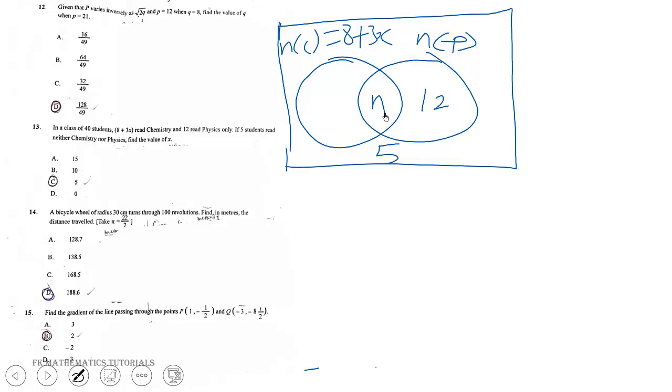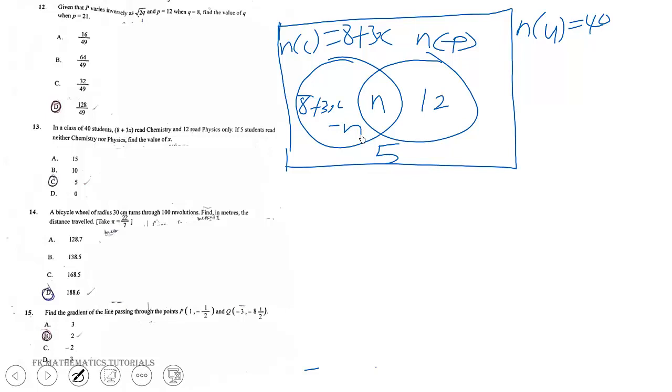If that is the case, we are given the universal set to be 40. So we have those who read chemistry only to be 8 plus 3x minus n.